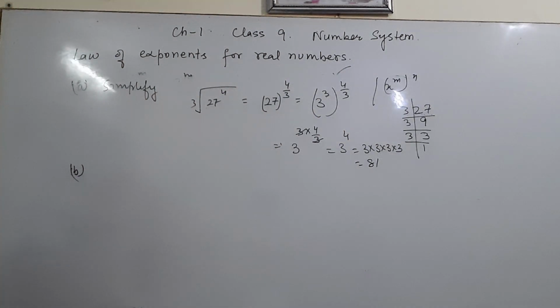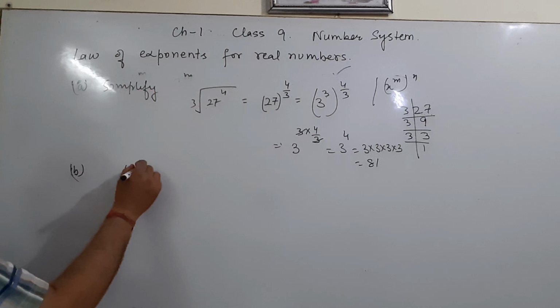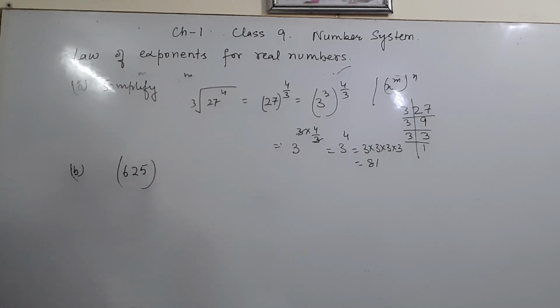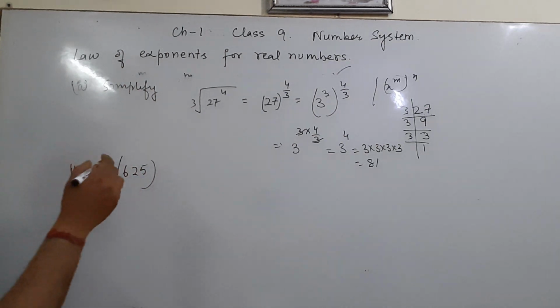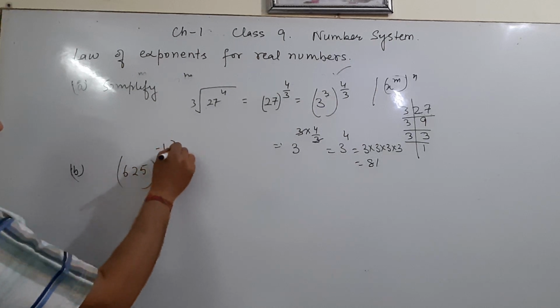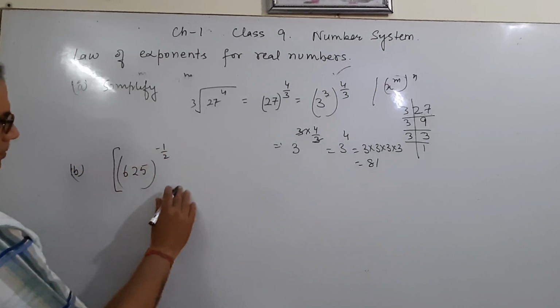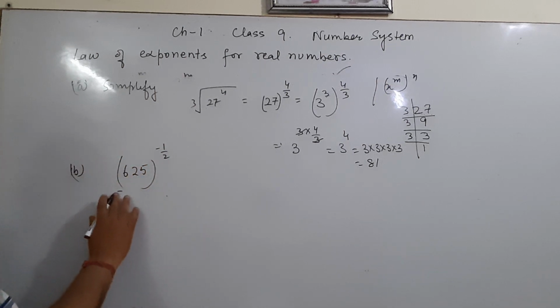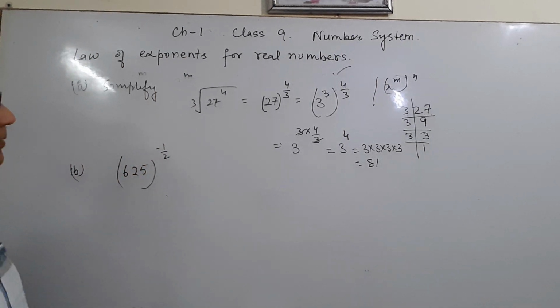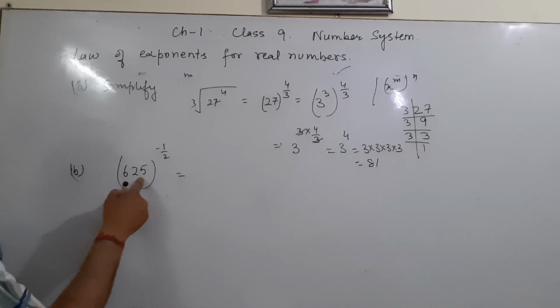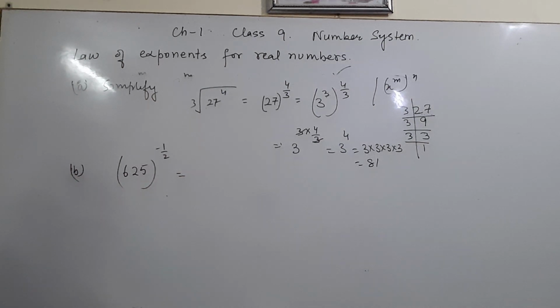Next question. One part we also have to do: 625 power minus 1 by 2 whole power. To solve it, we first have to find the factors of 625. Can you solve it?